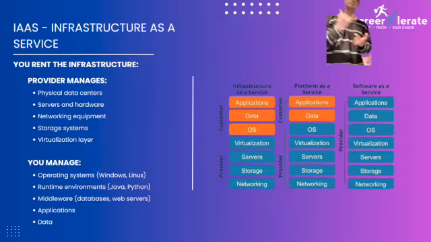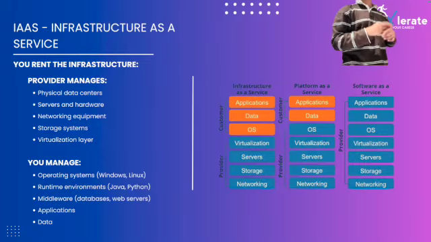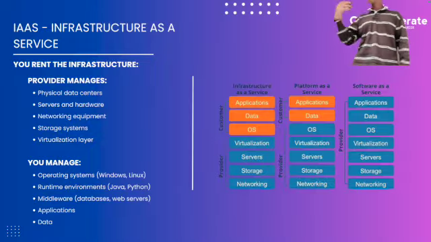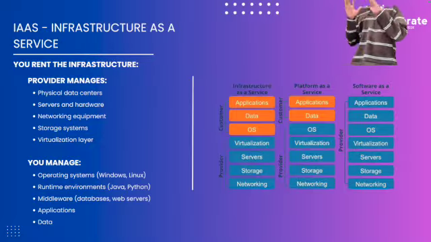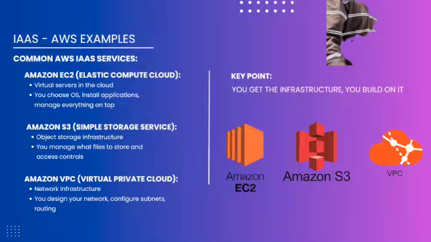I want to choose a Windows server because you are running a Microsoft DBA agreement. Runtime environments, Java, Python. What languages do you know how to speak? Middleware, databases, web service, whatever you want to choose, and applications and data. All of that is managed by you. Nothing goes to AWS.